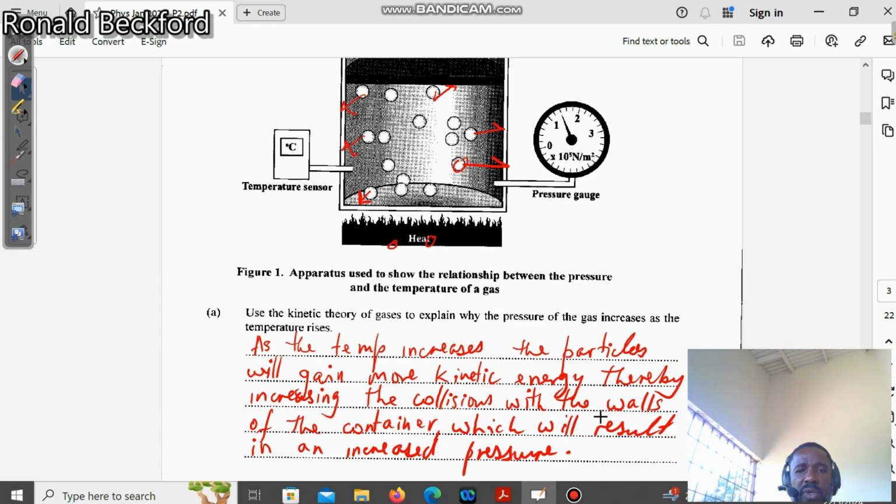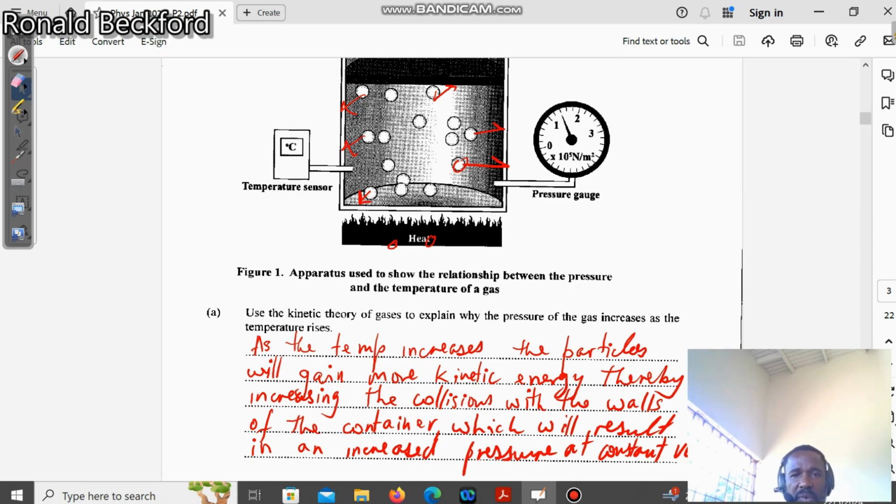Note, we must also note that this is at constant volume. How do we know that the volume is constant? Remember the statement we read that there were no leaks in the container, so there was no possibility of the gas particles escaping. So what we understood from there is that the volume was kept constant.